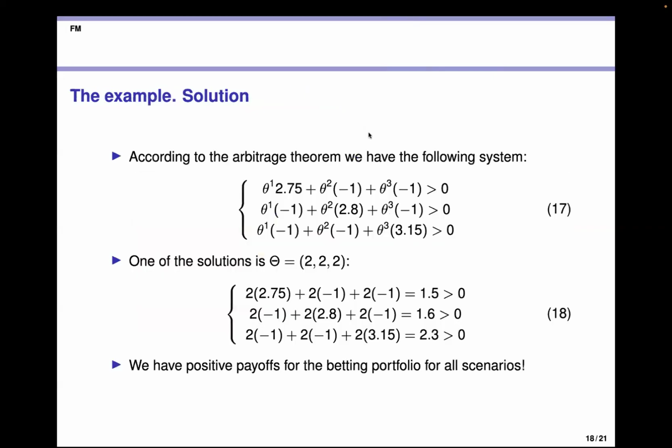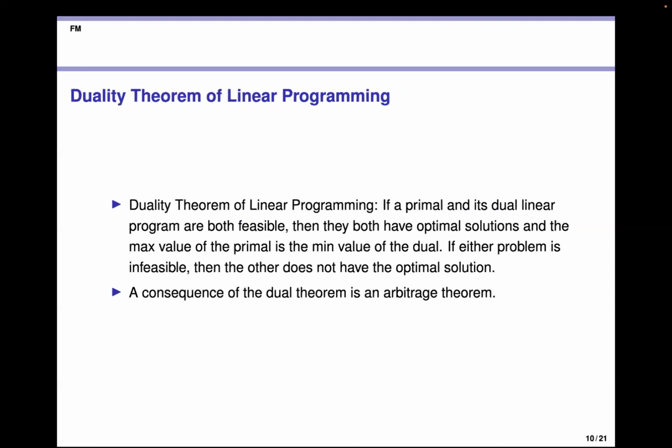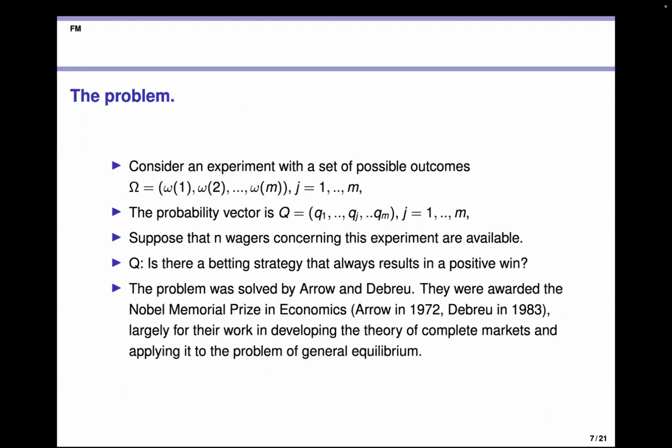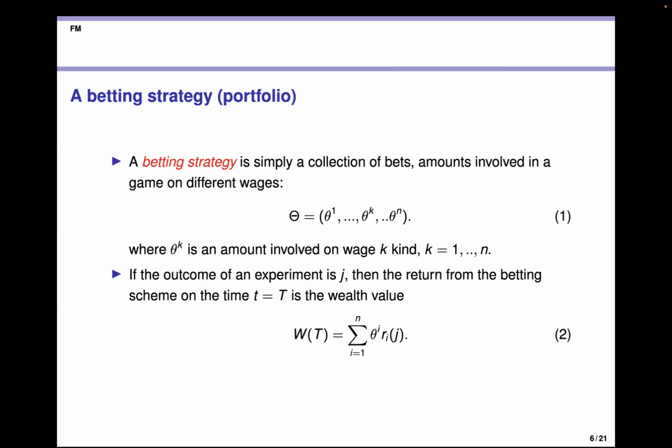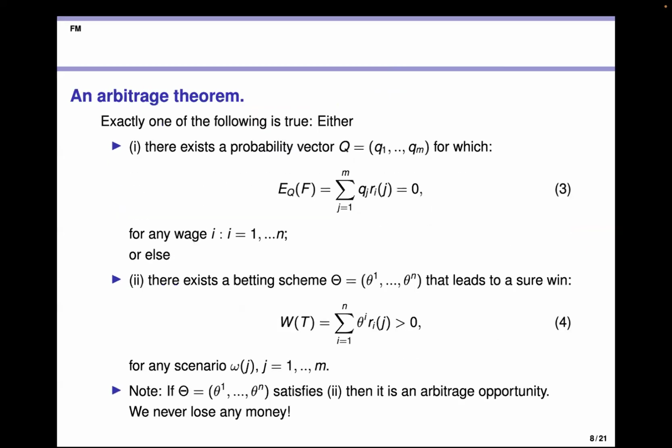Okay, thank you. So let's repeat. What is this theorem about? Betting strategy, the problem, the theorem. Exactly one of the following is true. Either there exists a probability vector Q, like a risk neutral probability.